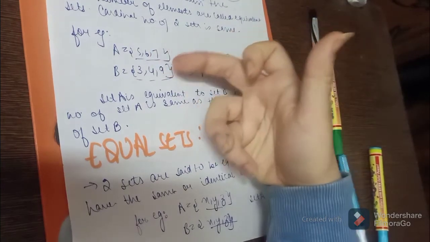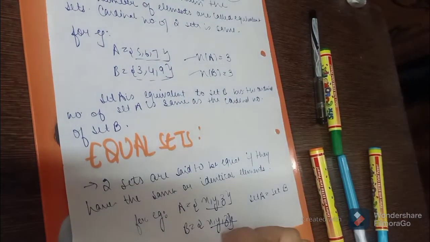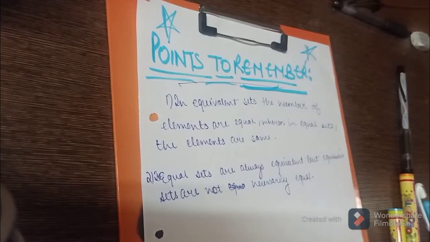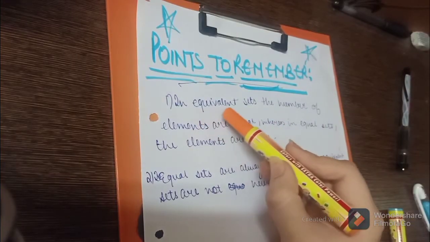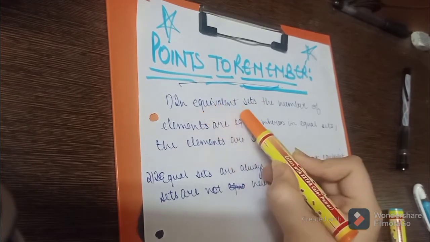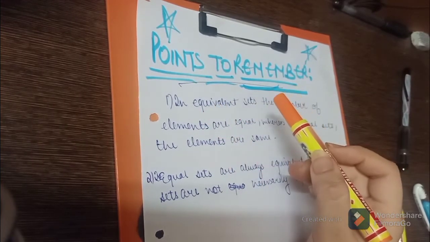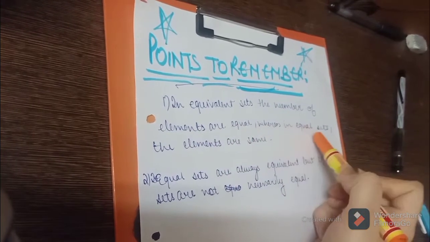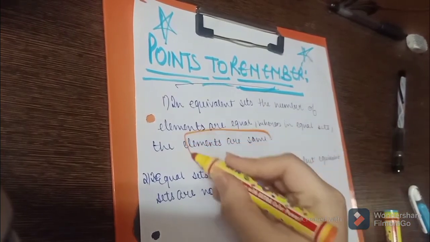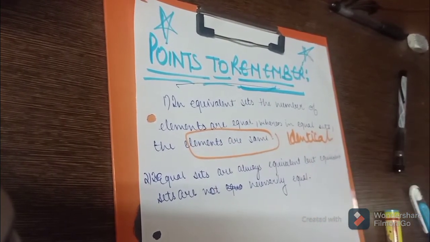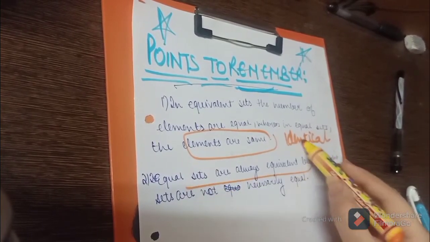Now here these equivalent sets are not equal, but this equal set is an equivalent set. So the first point that we have to remember is that in equivalent sets the number of elements are equal, because equivalent sets tell about the cardinal number. And in equal sets the elements are same, that is the elements are identical.